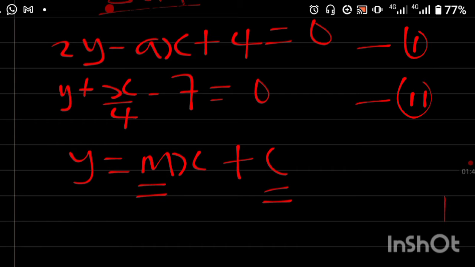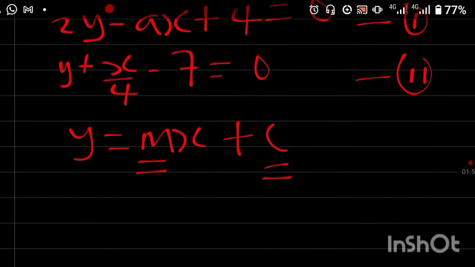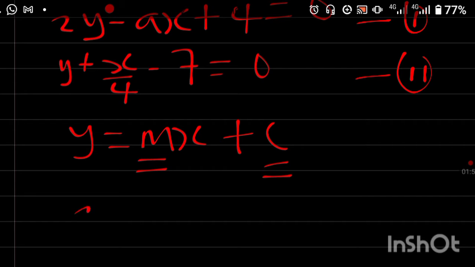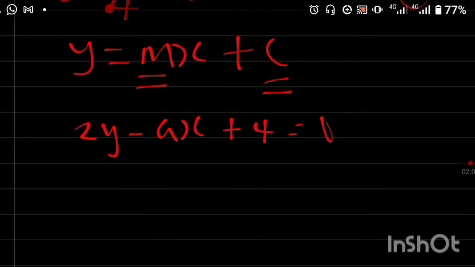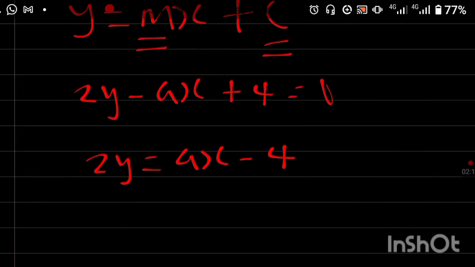So starting from equation 1, I have 2y minus ax plus 4 is equal to 0. I will take every other thing to the right hand side and leave y alone. I have 2y is equal to ax minus 4. Now we have 2y.